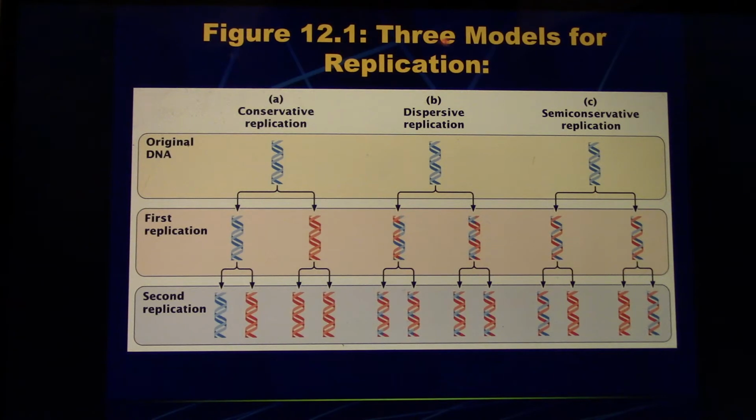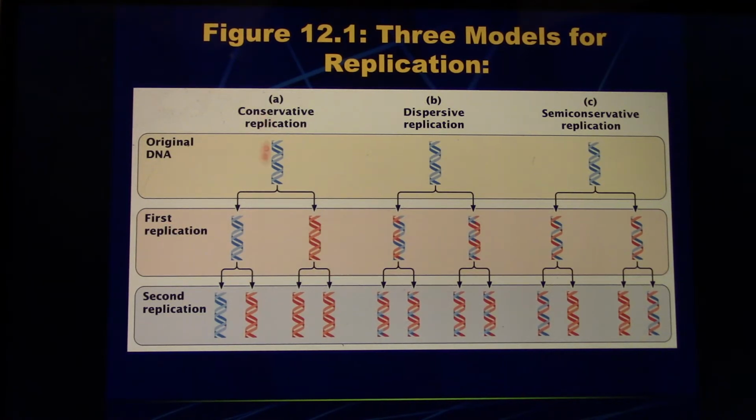Well, there were 3 models of replication shown here: conservative replication, dispersive replication, and semi-conservative replication. They all start with original DNA labeled in blue, and then as we make new DNA, it is shown in red.